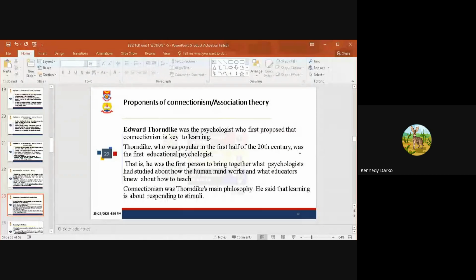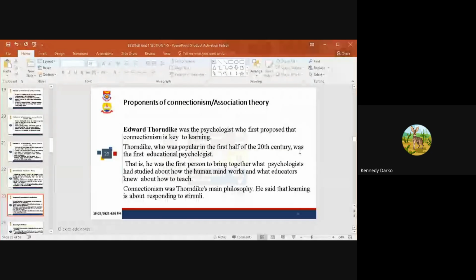He was the first person to bring together what psychologists had studied about how the human mind works and what educators knew about how to teach. So he brought these things together, how our minds work, and how we should teach the children.